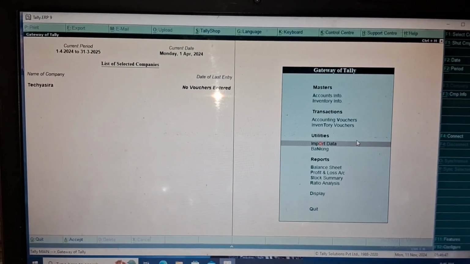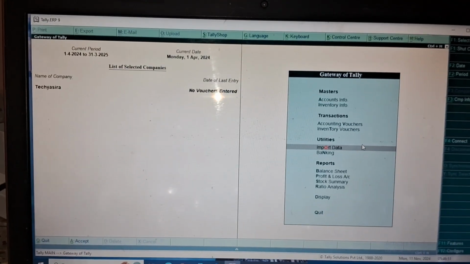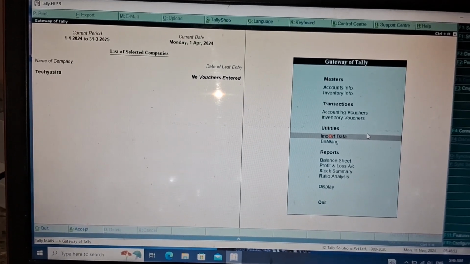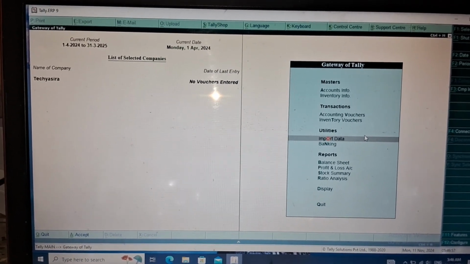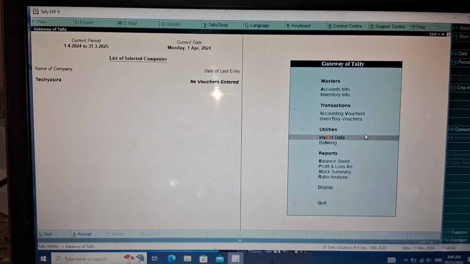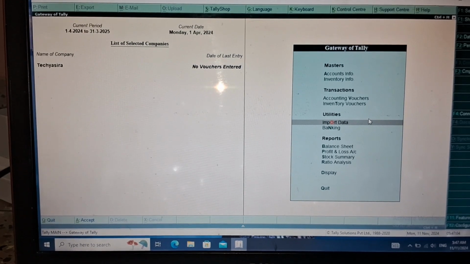Let me explain once again. Importing data is the process of copying data from an external source into a software application or computer system. It can be done automatically or semi-automatically.